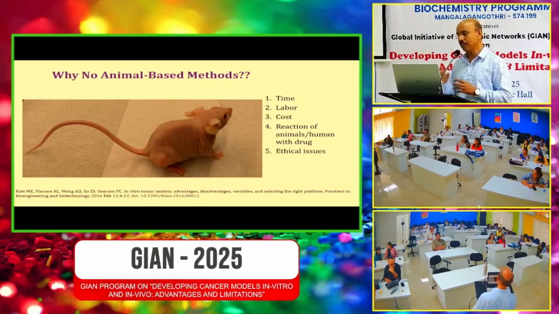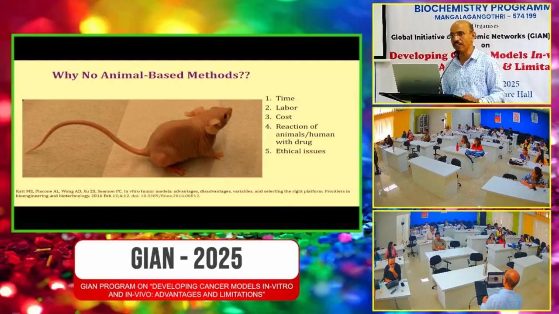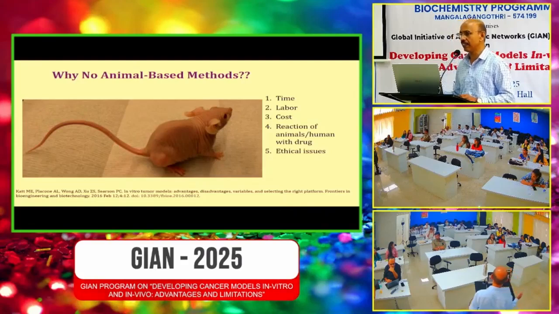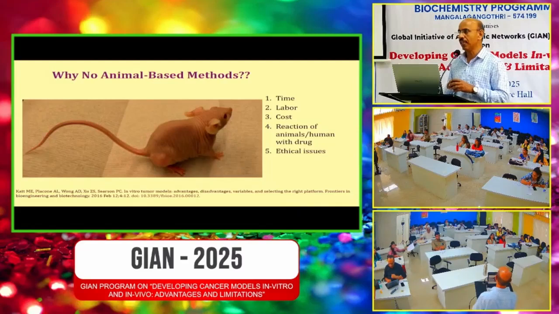That is why many drugs, even though they qualify in the preclinical trials, fail in the clinical trial later. That is the major difficulty. You are investing so much, and finally you do not end up with that. And along with that, the other thing is ethical issues.